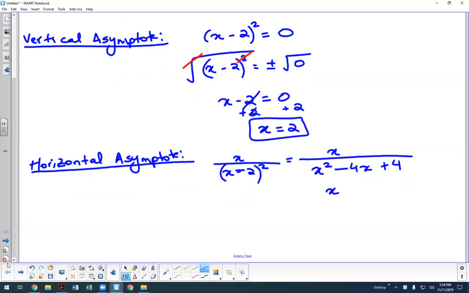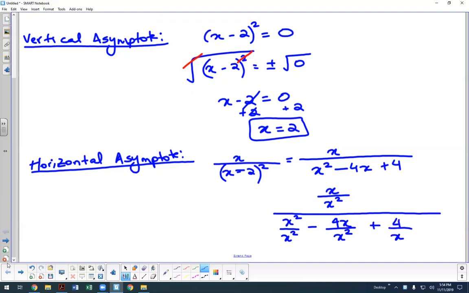So we take our x term on the numerator divided by x squared. Then we've got x squared divided by x squared, minus 4x divided by x squared, and plus 4 divided by x squared. So you take each term and divide it by the highest degree of your x value.